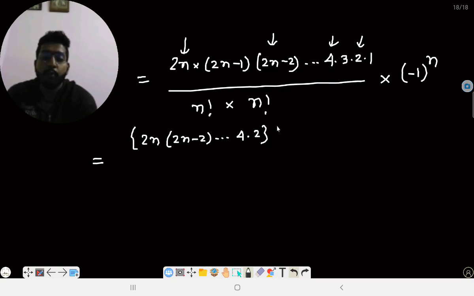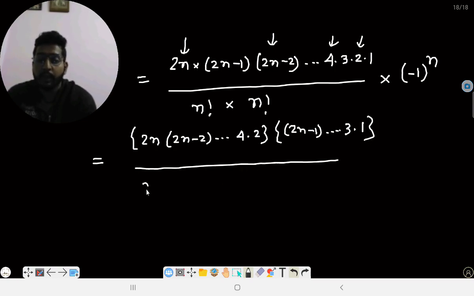And what is the odd term here? The odd term will be 2n minus 1, 2n minus 3 and last 3, 1, divided by n factorial into n factorial into minus 1 to the power n.